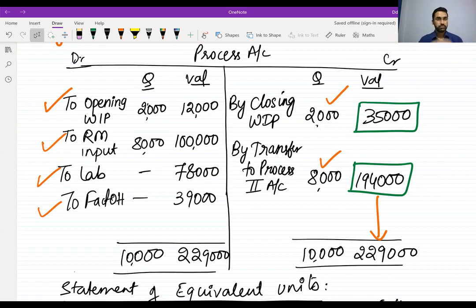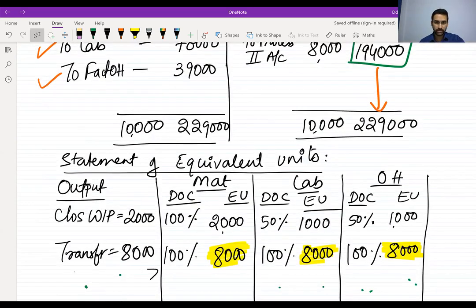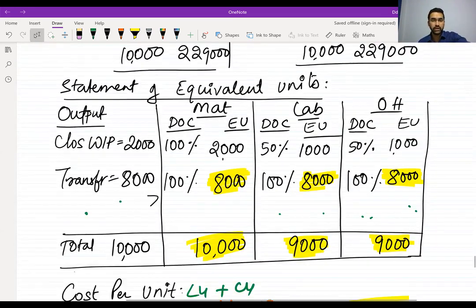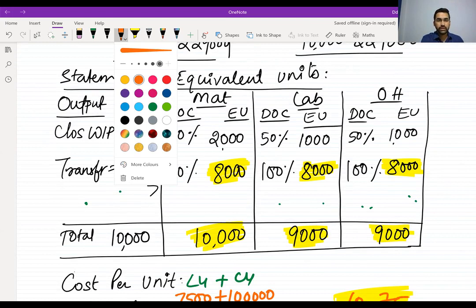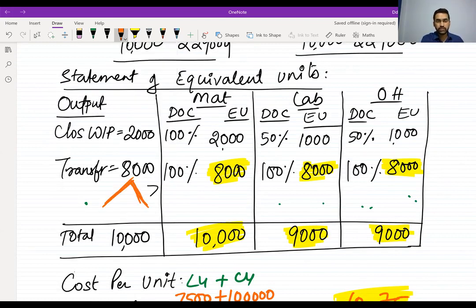Please pay attention. In the FIFO method, I don't have FIFO on my screen, I have erased it. You have it, go there. In the FIFO method, you gave some importance to opening WIP. In your step one, you had segregated this 8,000, correct? Yes, you have done it, 2,000 one side, 6,000 one side, and for that 0%, etc.